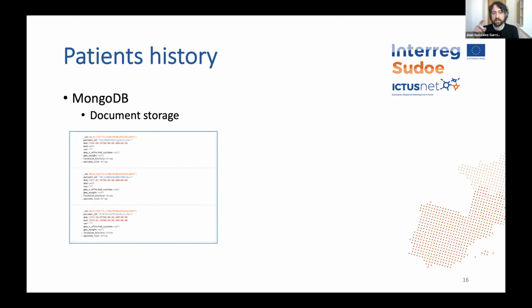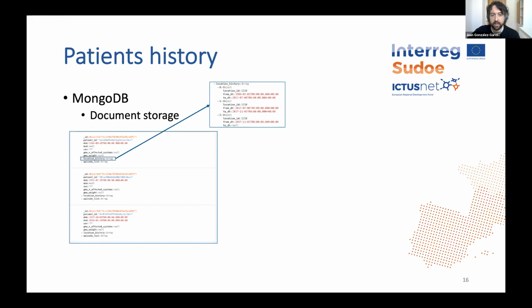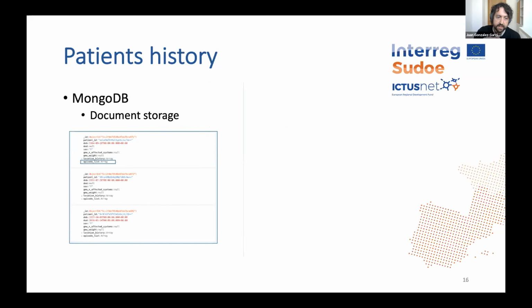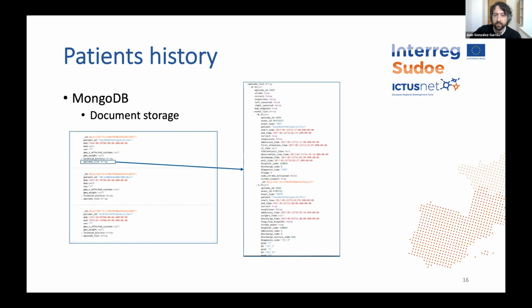What we store here is the patient history of a stroke episode. If you go through the animation, you can see that we can store the different places where the patient has been living. This is the location history, the different addresses where a patient has been living. The next one is the episode list. For every single episode, the details, the inner details of all events, the urgent care events that compose the episode.